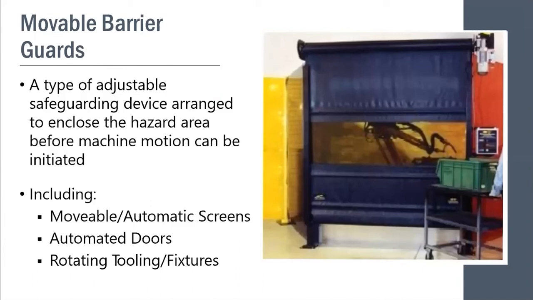I'm not quite sure what this robot is in here, if it's welding or plasma cutting or plasma spray or painting or something, but there may be those other non-mechanical hazards that we need to contain and prevent access to. And where we don't have room to swing open a door, these doors, I think in this example here, roll up and roll down and meet in the middle, or there's ones that just roll up. So these are automated movable barrier guards.